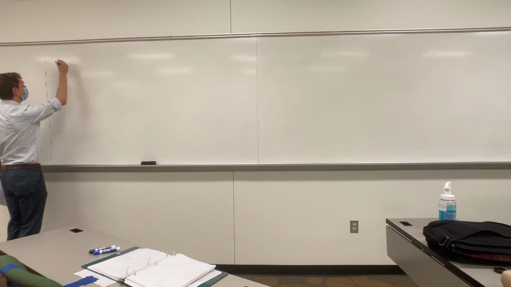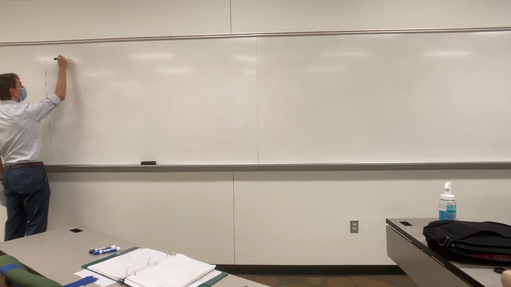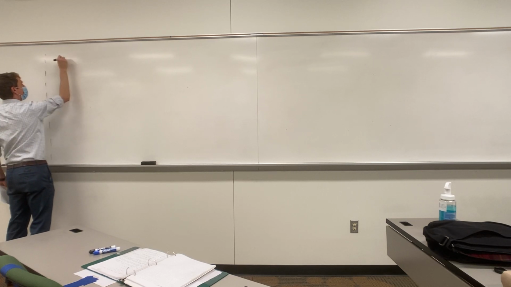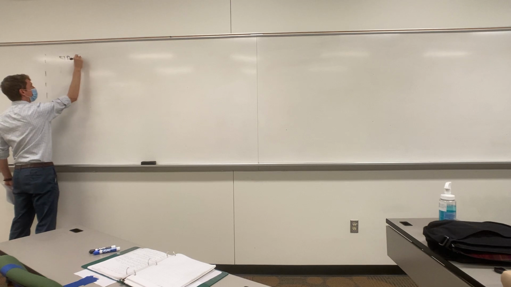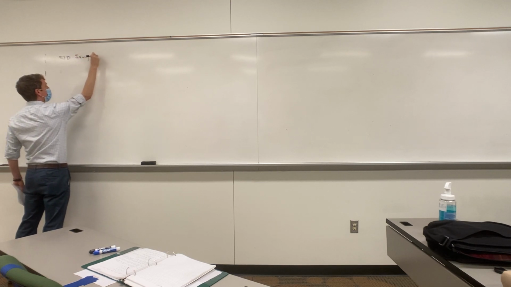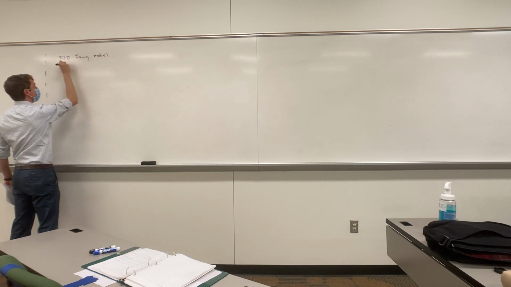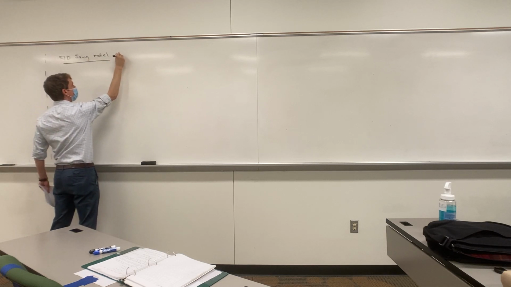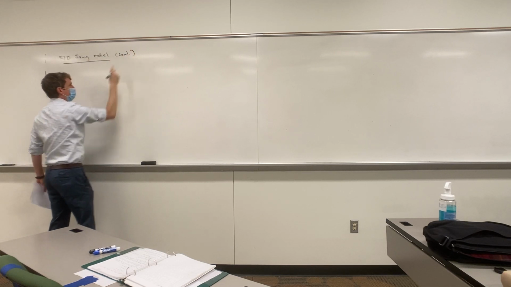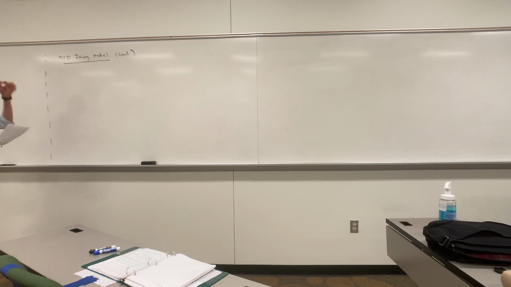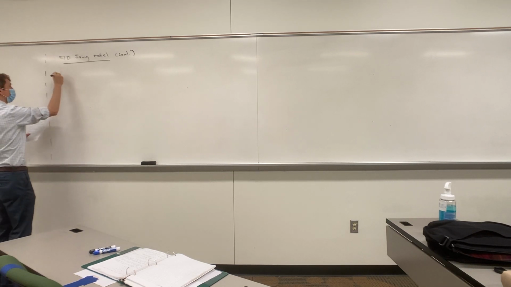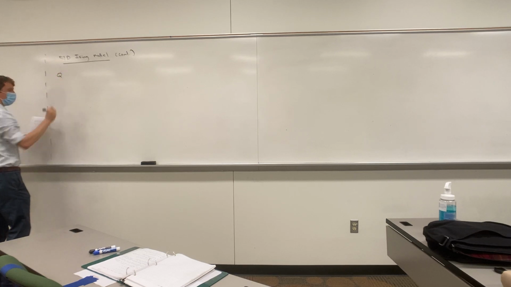So we're continuing the 1D Ising model. Okay, and so we left off at an expression for the partition function, which looked like this. And this should be the last thing you have in your notes.